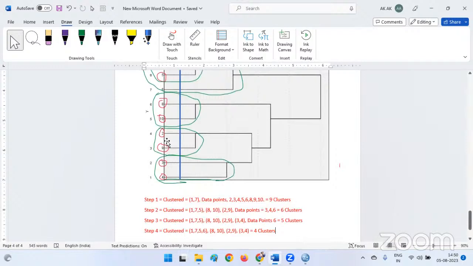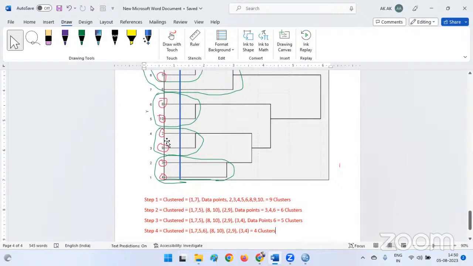At step 5, 2 clusters have been merged. Which ones? 2, 9, and 3, 4. So 2, 9, 3, and 4 make one cluster. Now there are 3 clusters.